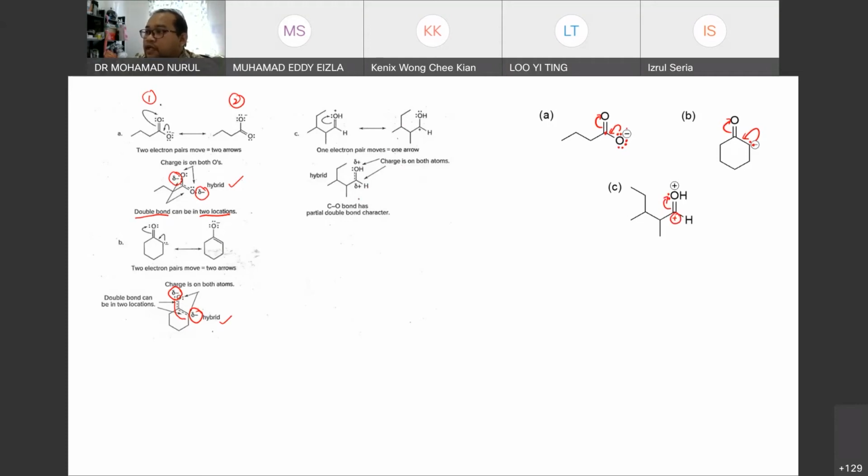So again, this is a simple question, simple examples. You can transform one compound to another compound by using resonance. This is the resonance hybrid for this kind of compound. Okay, nice. All about hybrids, don't worry.